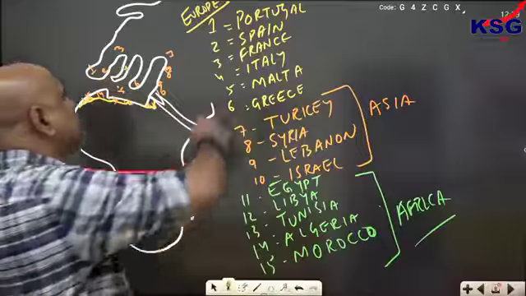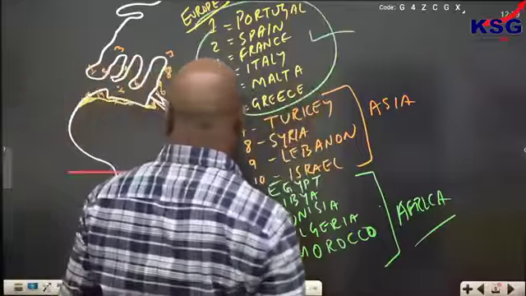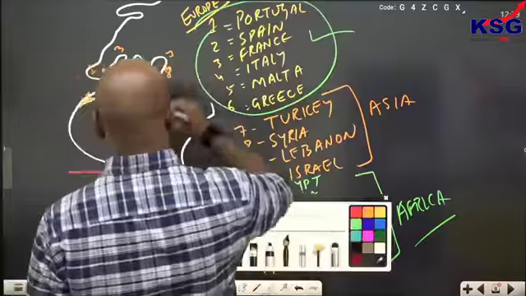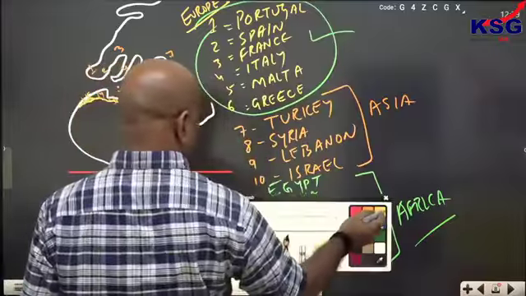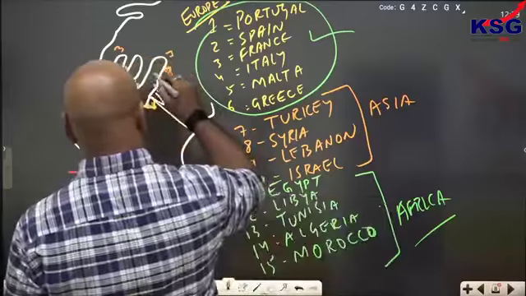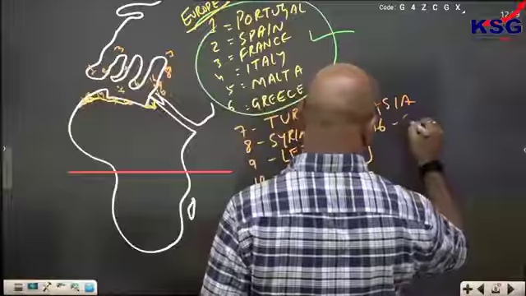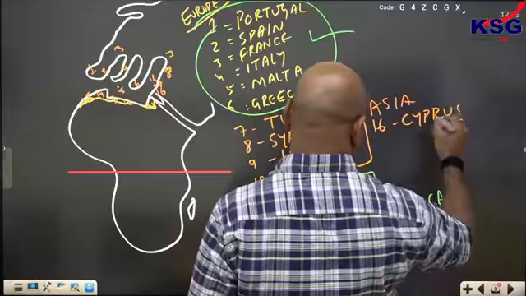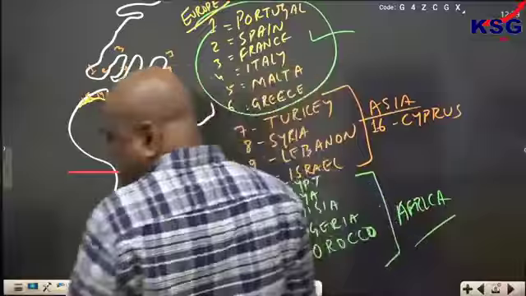But in Europe it is done well. In Europe, if you see, this is very well developed. And here you have Cyprus also. Here is a country known as Cyprus in these regions. In Asia you have Cyprus also. Number 16 is Cyprus. Turkey is in both Europe and Asia, a Eurasian country.